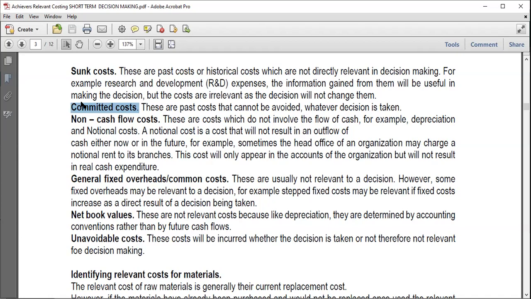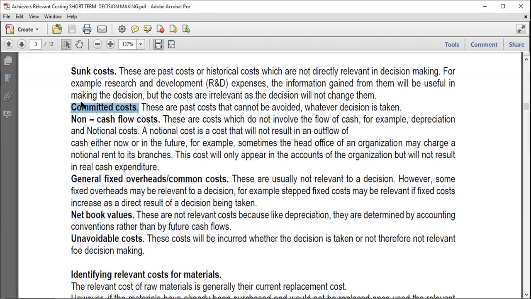Now, for unavoidable costs, just to distinguish them slightly, a committed cost may be an avoidable cost. But for learning purposes, unavoidable costs, like we've indicated, are costs that you will not do away with, whether you make the decision or not. They could be committed costs, or they could be recurrent costs.